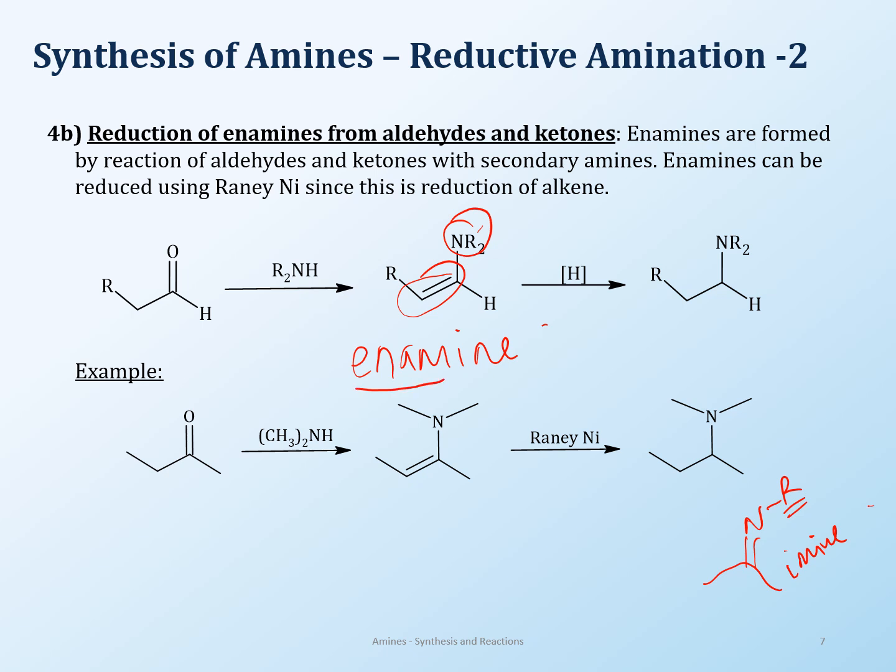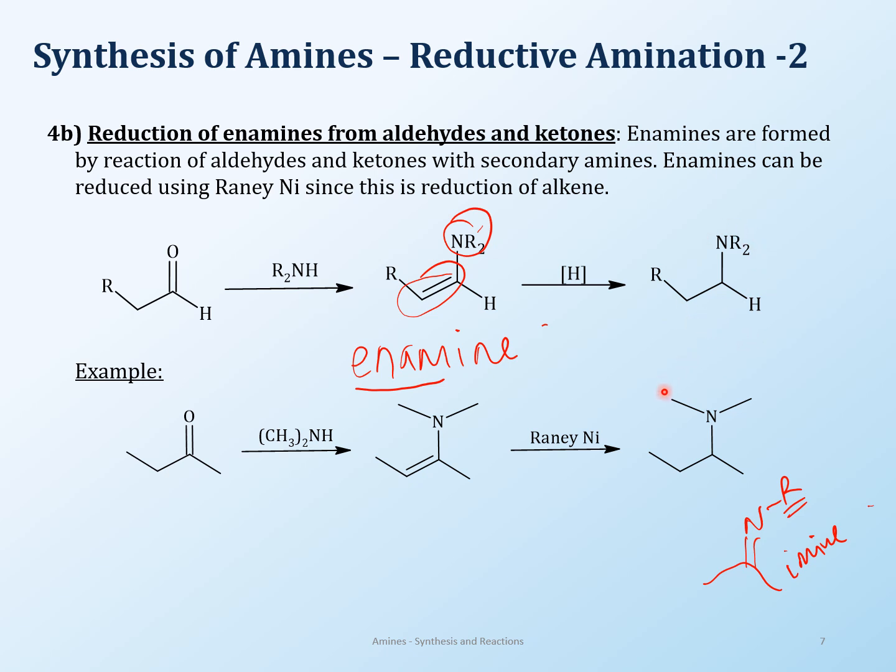So this also happens with aldehydes and ketones. So if you have an enamine, that's fine. You can also work with secondary amines. You'll form an enamine, which then can be reduced. Okay, so now look, see what you have. You have a tertiary amine now, in this case.